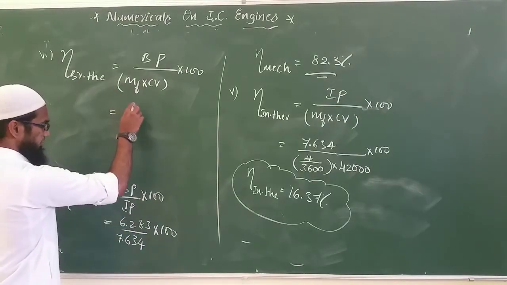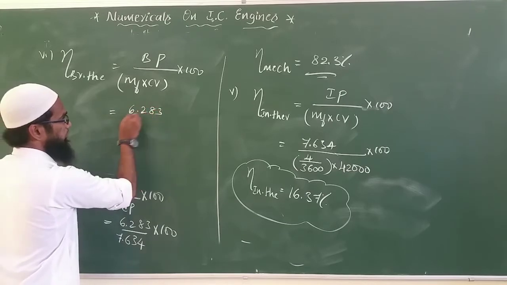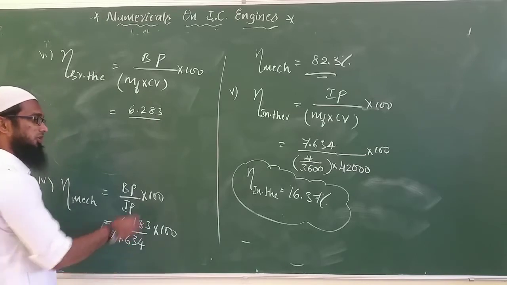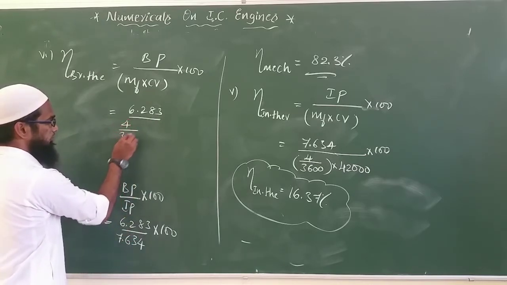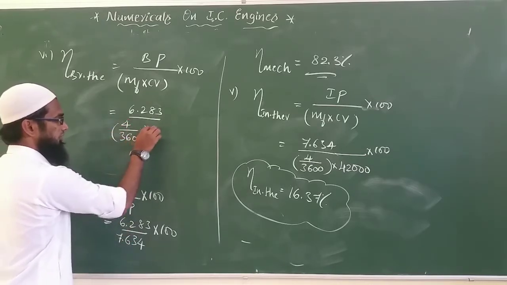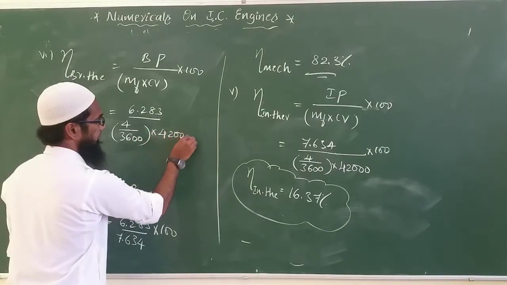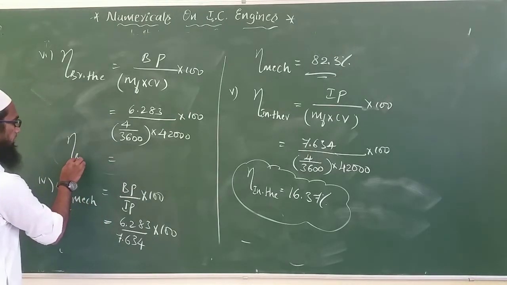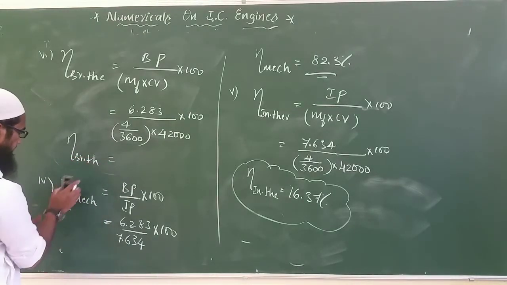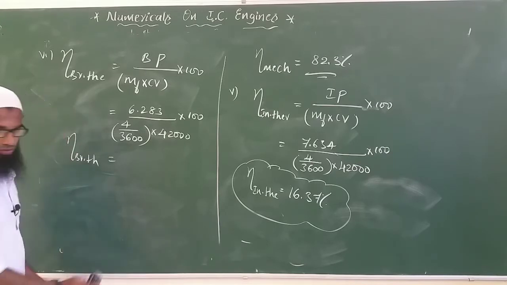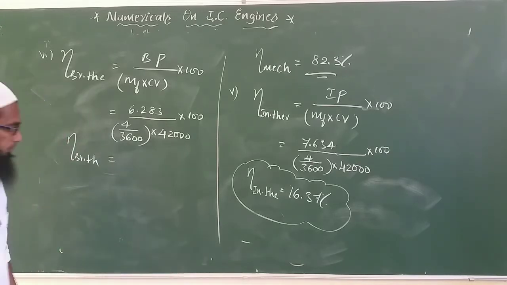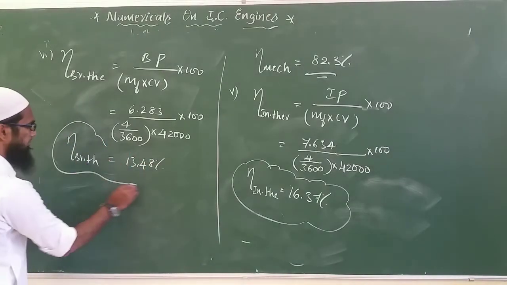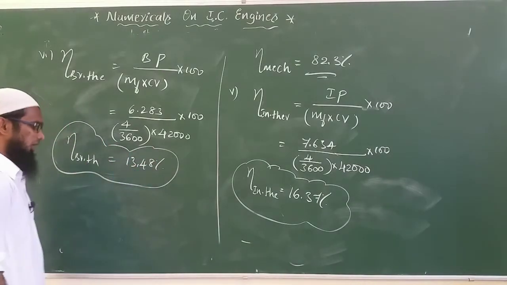So the brake power is 6.283, and again the mass of the fuel is in kg per second, 4 by 3600, with the calorific value, into 100. So the value is around 13.48%. This is our brake thermal efficiency. I hope you are getting this one.